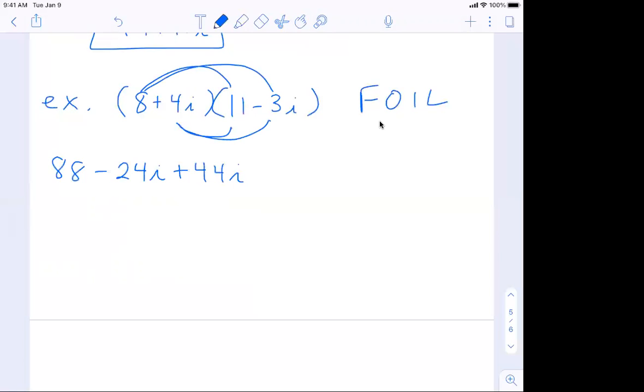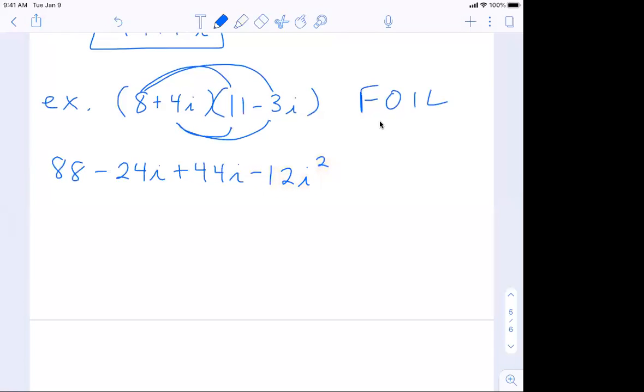And then 4i times negative 3i is negative 12i squared. Now remember that idea that i squared is negative 1? So what that means is that this becomes negative 12 times negative 1, or positive 12.